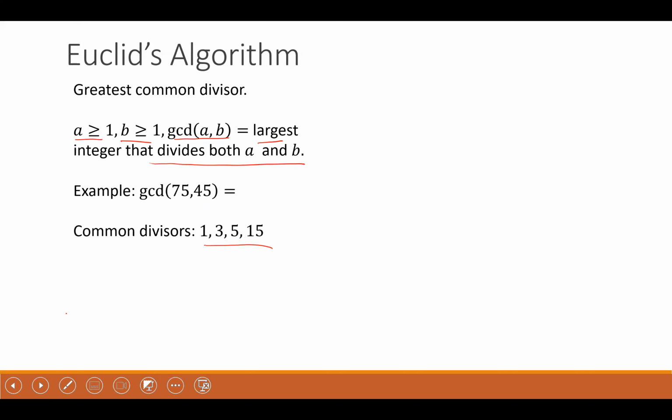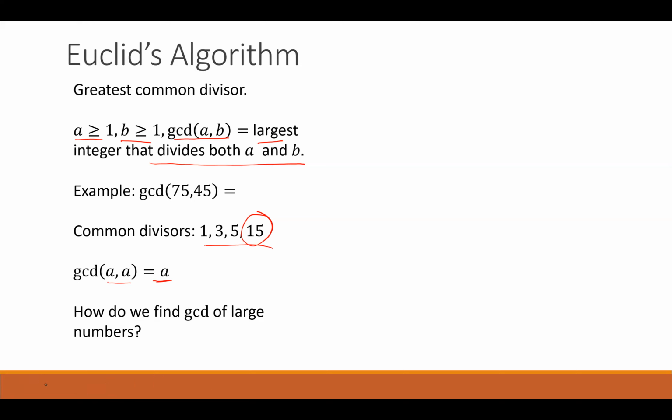And then the greatest of these is, of course, 15. The greatest common divisor of a number with itself is simply the number itself. So that's the definition of greatest common divisor. Everybody clear on that definition?